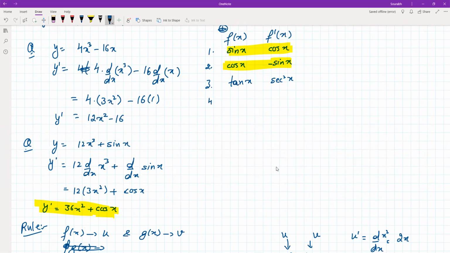You apply the same technique and you will be able to find the differentiation of cot x, and that is equal to minus cosec square x. Then you have differentiation of sec x and cosec x, which we'll do later. So these are the trigonometric functions, and that's how you find the differentiation of such functions.